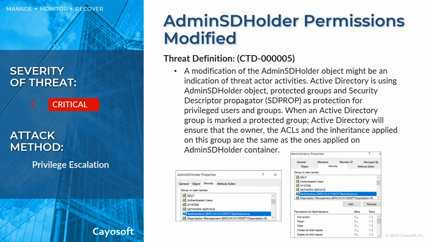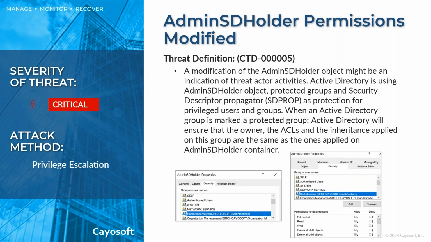SD-prop runs every 60 minutes in an organization. And what I want you to understand is that once that runs, it looks to the admin SD holder. It focuses on the security ACLs from that object and then propagates it to where? Well, the security ACLs of the built-in administrators group, domain admins, etc.